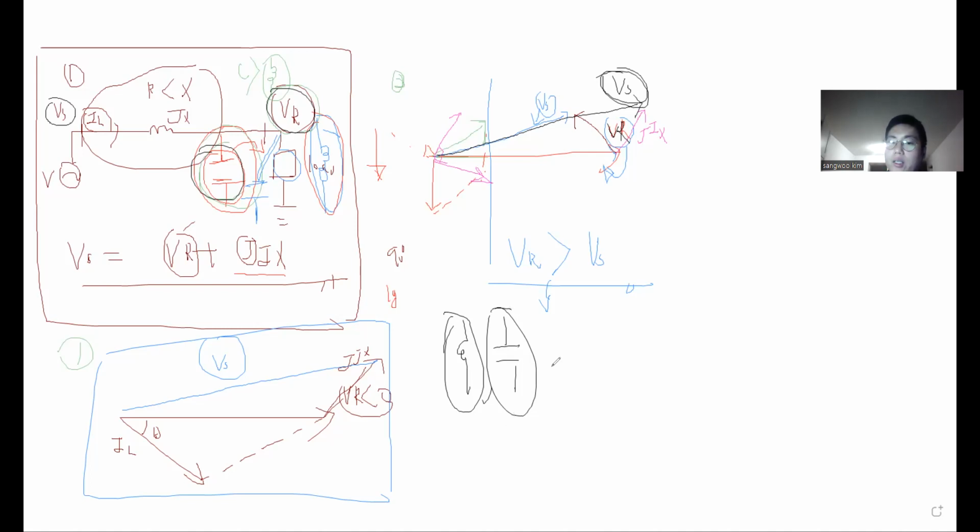And C means we supply the reactive power. You guys could now make an image of what I'm saying. So the Ferranti effect is that. That's our today's lecture, guys.